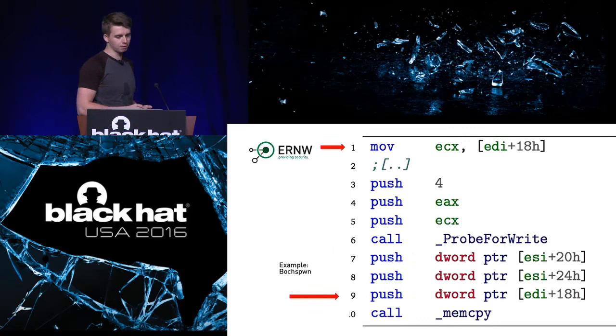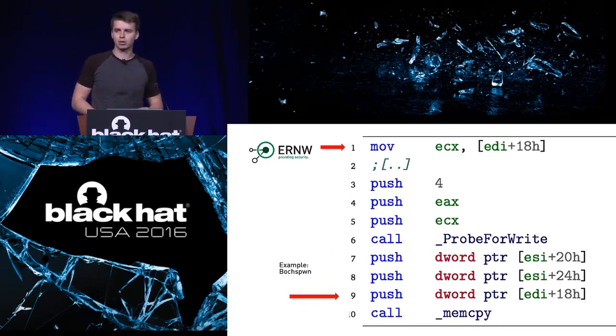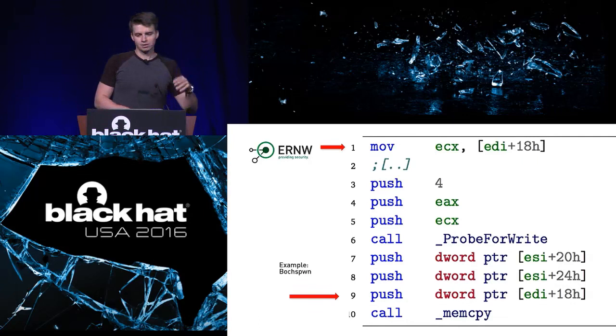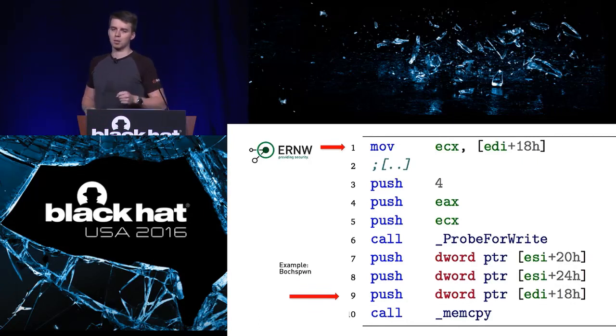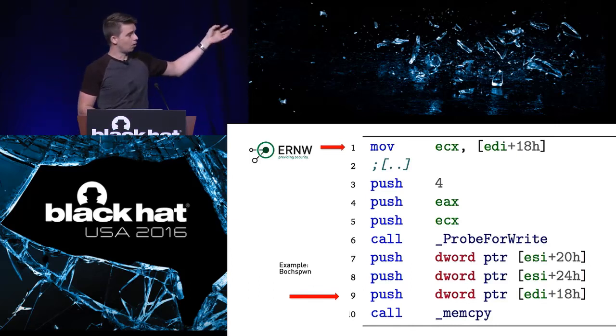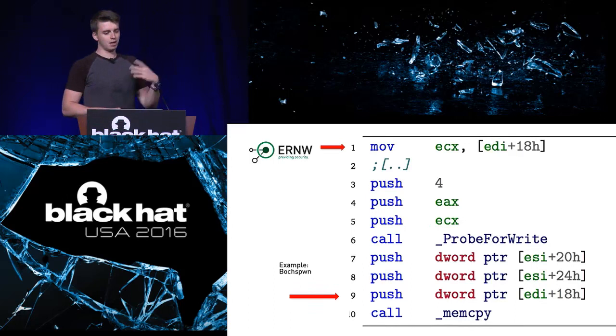One example of a vulnerability they found, and this is in the Windows kernel, so we don't have source code available for this, but you can see in the first line, the EDI register points into user space. So they go to the hex offset 80 of EDI and fetch a value into ECX. They then use this ECX value as an argument to ProbeForWrite.